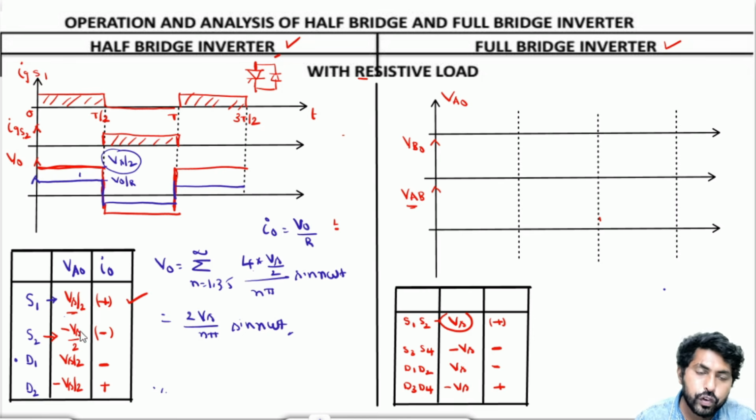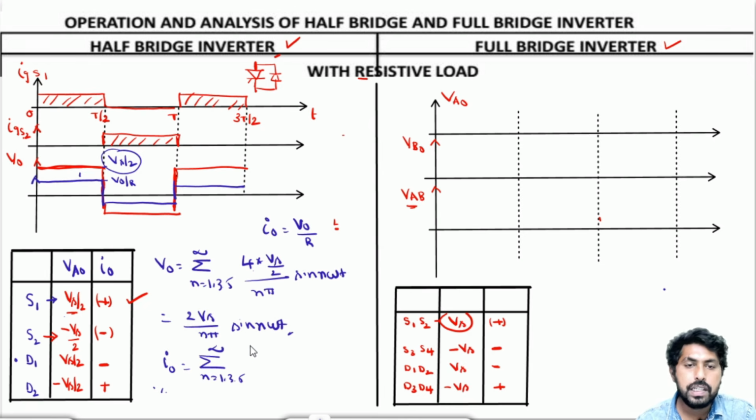I can write the Fourier series expression for I0 also. So I0 equals V0 by R, that is sigma n equal to 1, 3, 5 to infinity, 2 Vs by n pi R into sin n omega t.